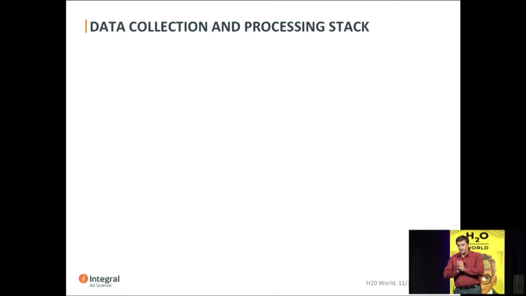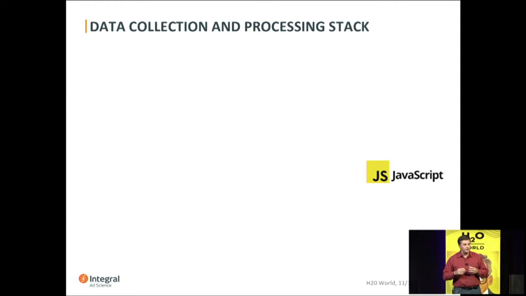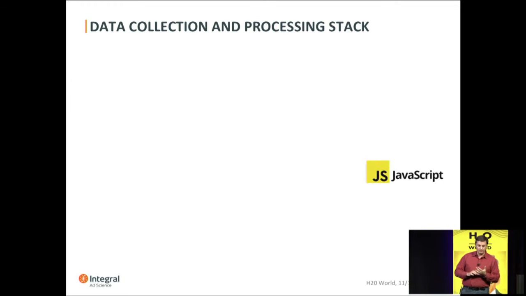All of this is pretty complex, and therefore our stack is pretty extensive as well. This is not all of it. We use JavaScript to measure things in the browser, and also it's our front end. We use Java for real-time serving.